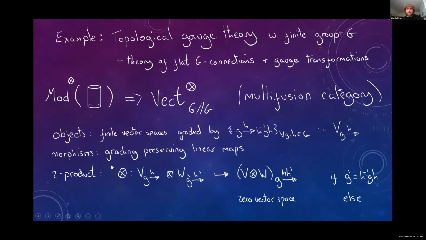The morphisms in this category are grading preserving linear maps, and the 2-product is associative, and the product is given by basically if g' is the conjugate of g by h, then we just take the tensor product of the underlying vector spaces and define the new grading like this. And if this condition isn't satisfied, then we define this to be the 0 vector space, which exists with no grading. It's like 0 in the group algebra.